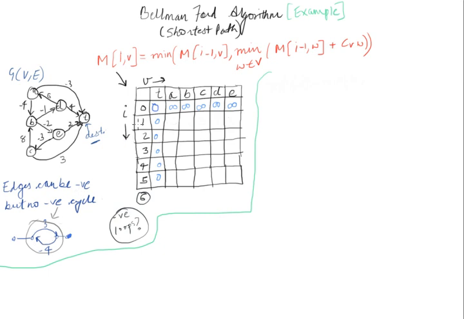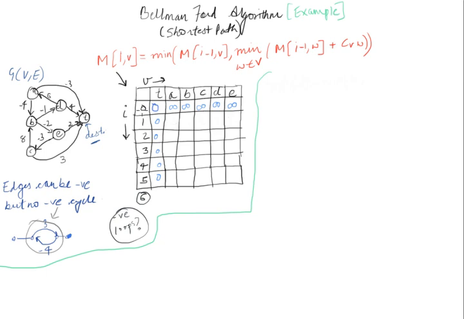And this is the matrix. The columns of the matrix are the nodes of the graph, and the rows, this i that is written here, you can think of them as the iteration or the number of edges required to go from the source node to the destination node, which is T here.